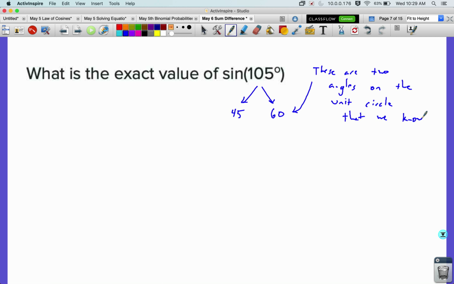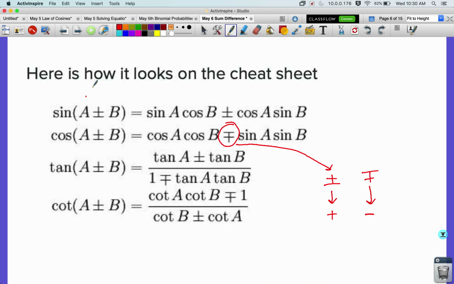We know these. So the fact that we know these two means that we can use the addition identity to find an exact value for 105, which is one that we don't know. So here's how this is going to look mathematically. Sine of 105 is going to become the sine of 60 plus 45, which then we're going to use this identity here.